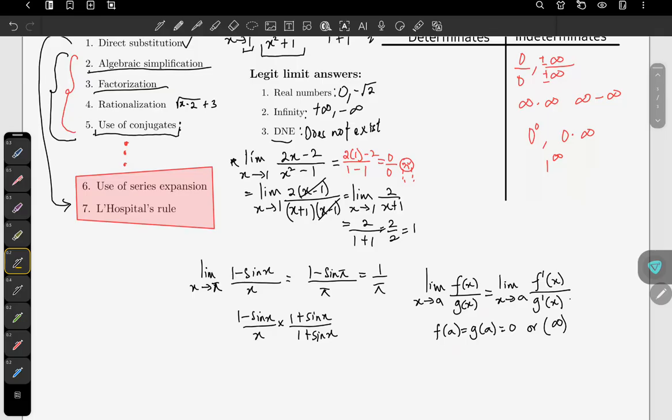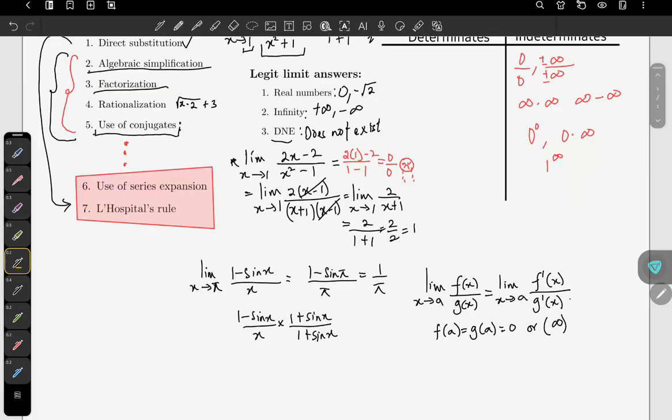So this is L'Hopital's rule, but in most cases, this rule comes after the topic of differentiation has been taught. And teachers, when teaching limits, do not appreciate the use of L'Hopital's rule because it has not been introduced.